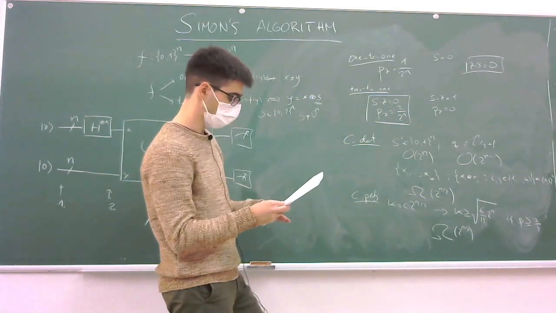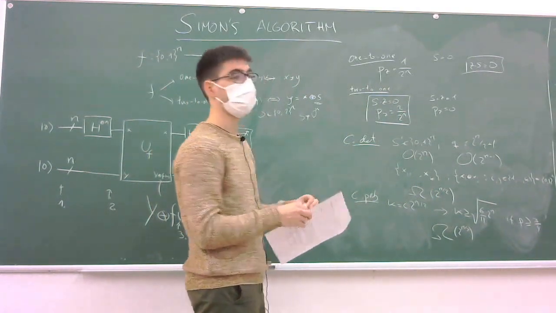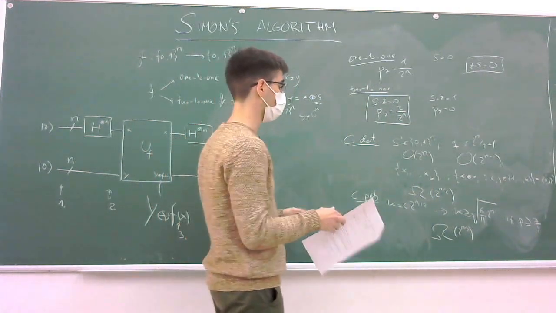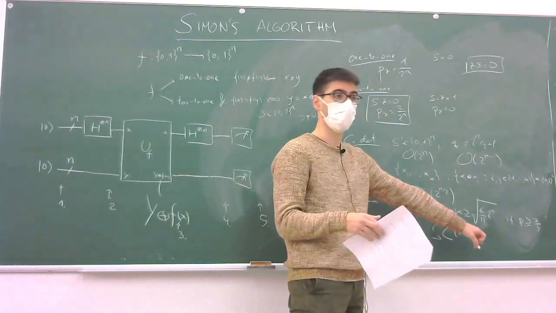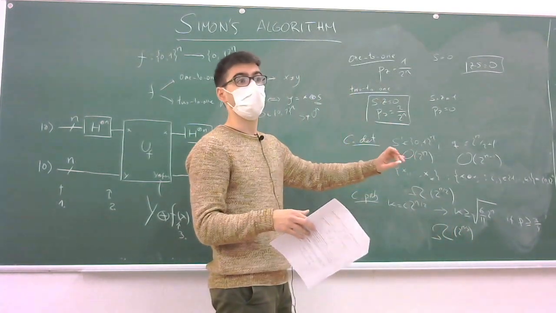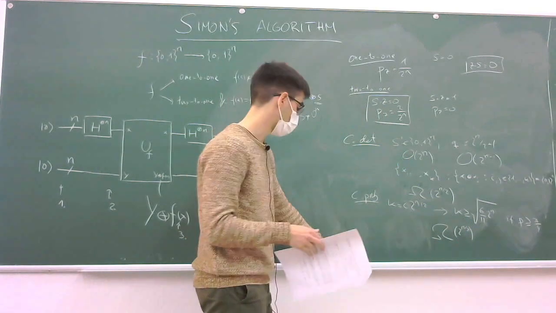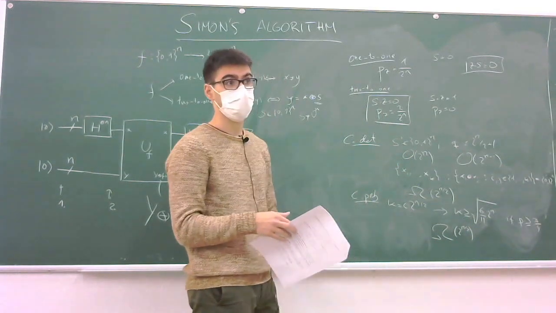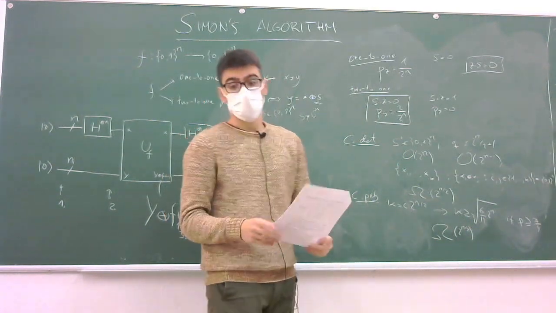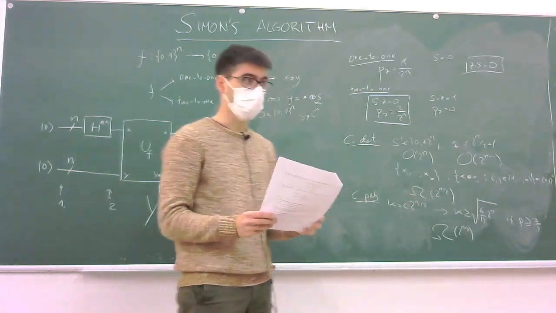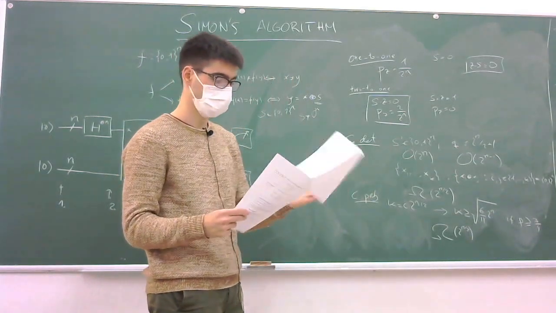So in both cases, the quantum approach, which grows linearly with n in the oracle complexity, in the query complexity, it's better. And that's all of the algorithm.